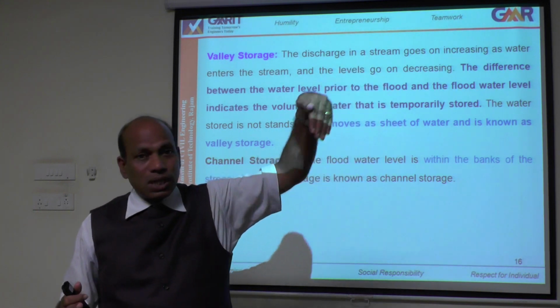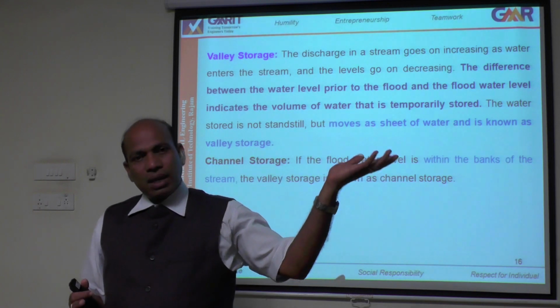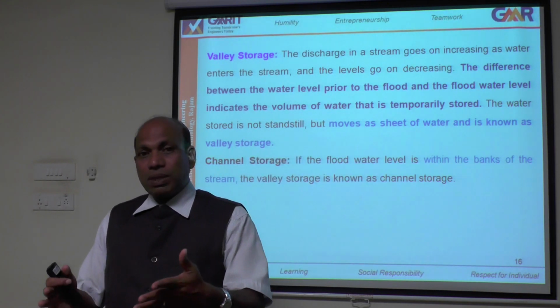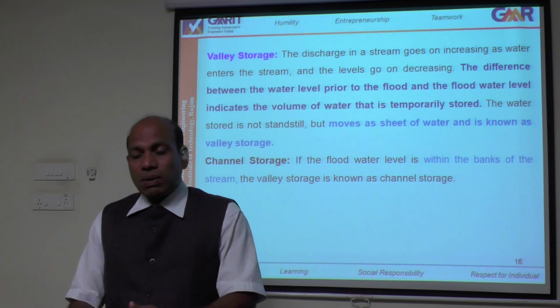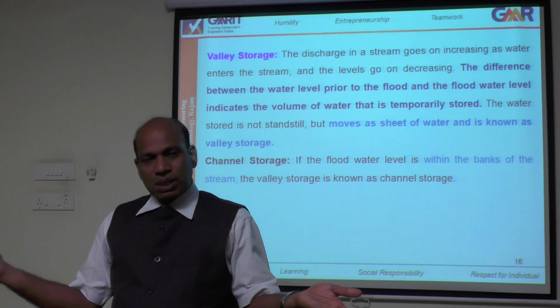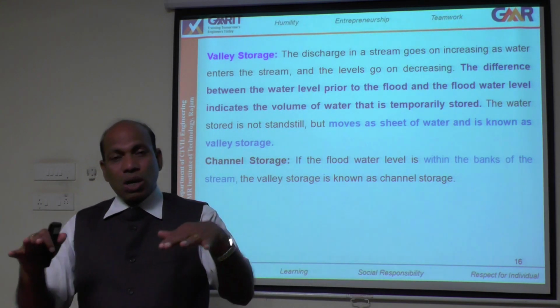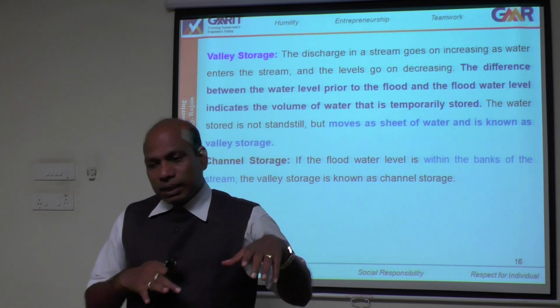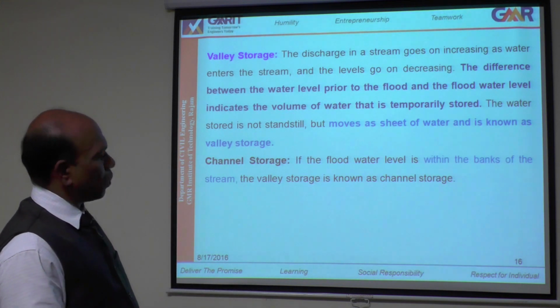The inflow into the stream automatically increases, and the capacity of the stream is not enough, so the water flows above the bunds of the stream. The water stored within the bunds of the stream at that condition is known as channel storage.